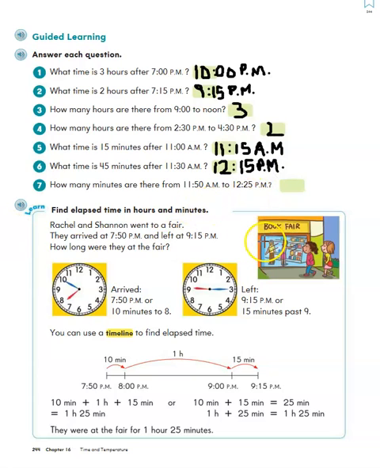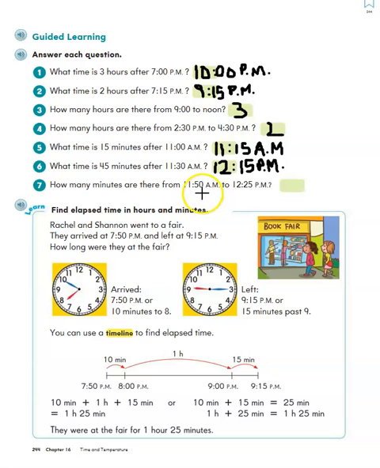And then number 7, how many minutes are there from 11:50 a.m. to 12:25 p.m.? So I'm going to do this in my head, but I'm going to make sure I get myself to a nice friendly number. So I know from 11:50 to 12 would be 10 minutes, and then from 12 to 12:25 would be another 25 minutes.